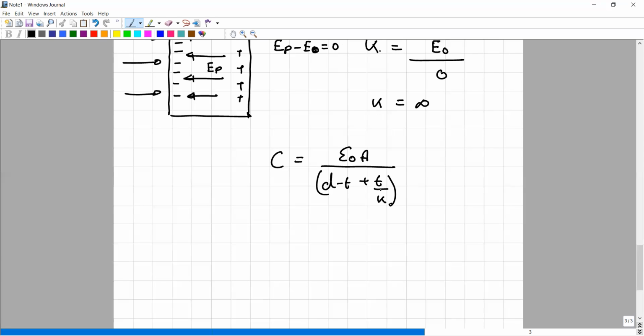That means T over infinity will become 0. So your capacitance value will simply become epsilon naught A over D minus T for a conductor.